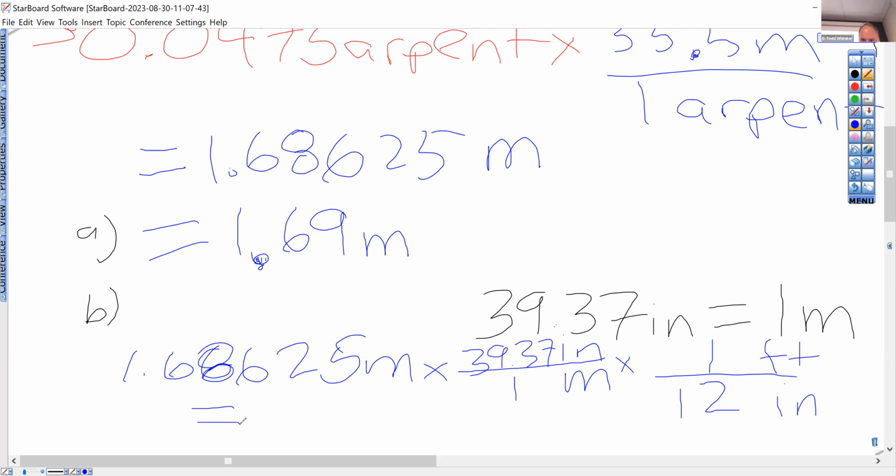And I don't know, is she tall? That's 3 times that. She's over 5 foot. I know that. What you got? So you're going to do the 1.68625 times 39.37 divided by 12. Or you can do the times 1 and the divided by. I have no objection.